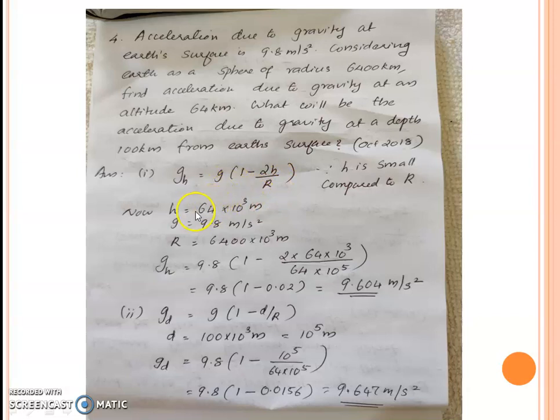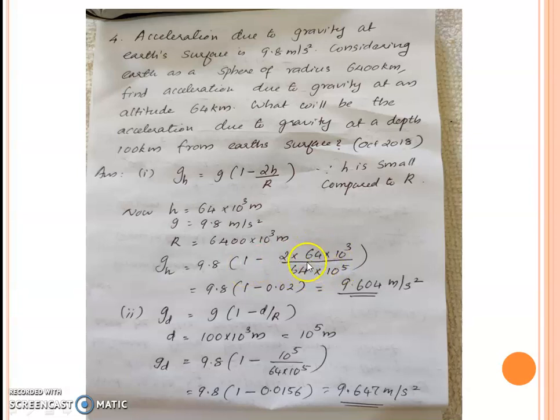It is given that h is 64 kilometer, that is, we have to find the acceleration due to gravity at an altitude of 64 kilometer, which is 64 into 10 raised to 3 meter. g is 9.8 meter per second square, and R is given as 6400 kilometer, that is 64 into 10 raised to 5 meter. Now substituting all these quantities into this equation, we get g_h as 9.8 into 1 minus 2 into 64 into 10 raised to 3 divided by 64 into 10 raised to 5.